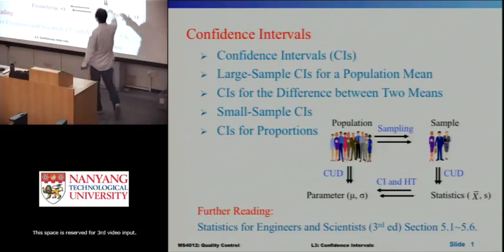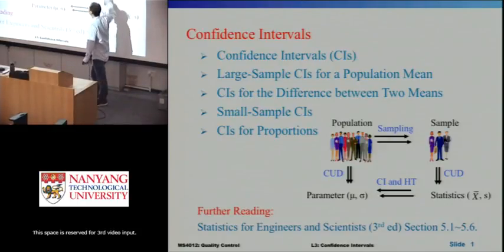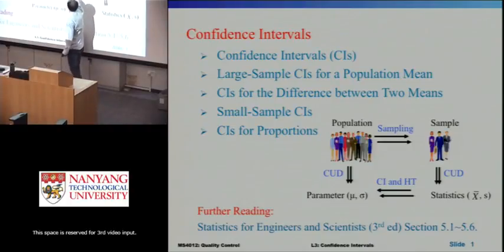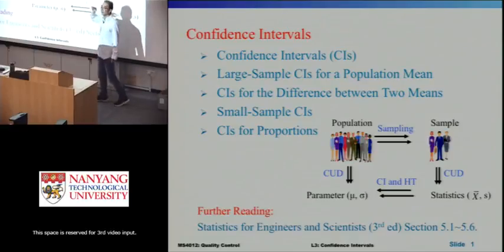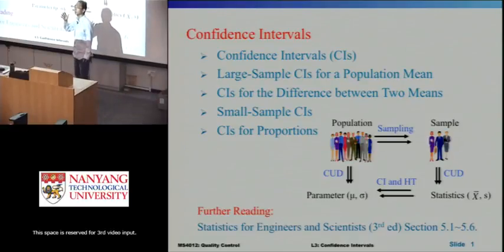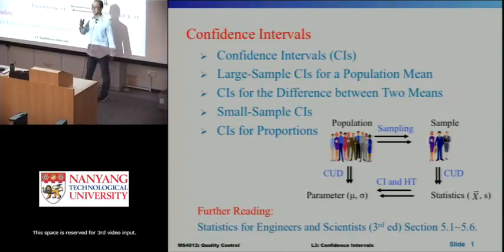The position of this lecture in the whole course is here. In the first lecture, we learned sampling from the population to get a sample. In the second lecture, we learned common distributions, how to describe a population and how to describe a sample. Before that, we didn't distinguish between population and sample very clearly.